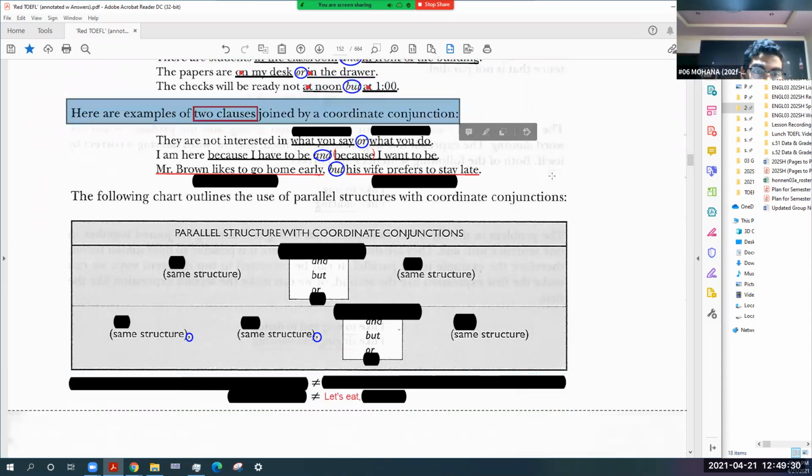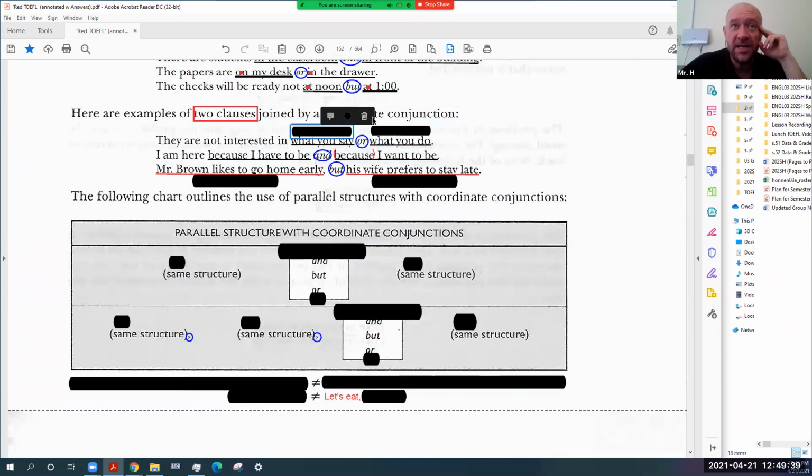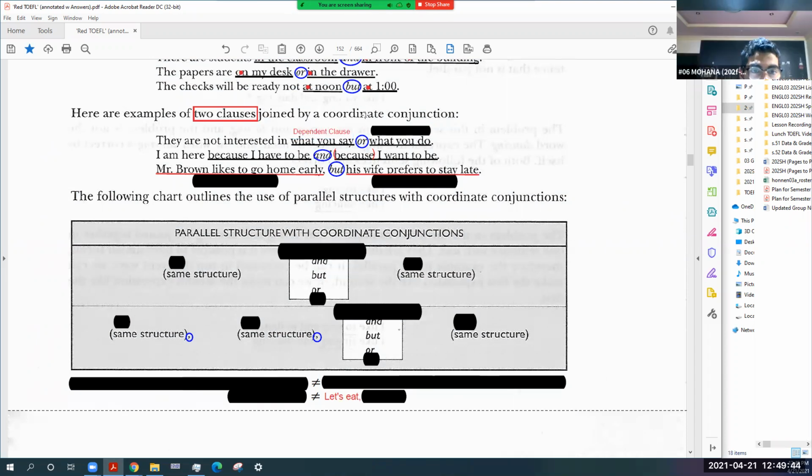Mohana? Here are examples of two clauses. They are not interested in what you say or what you do. So what do we have here? What kind of a clause? Do you know? It's not an adjective, but it's a dependent clause. Now, there are three kinds. One kind is adjective. This doesn't describe another noun.